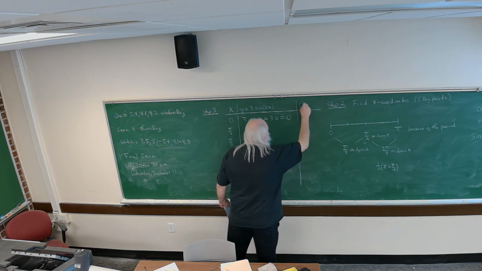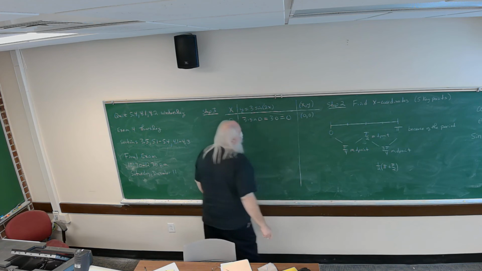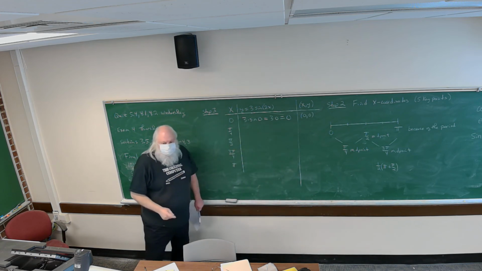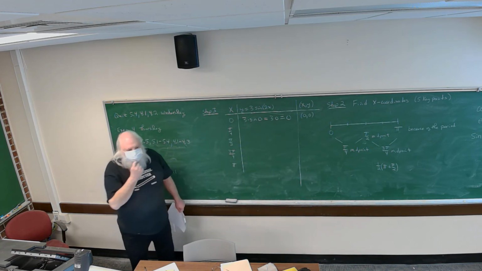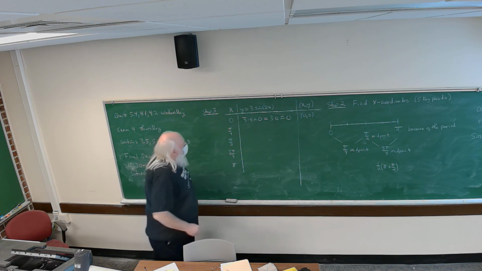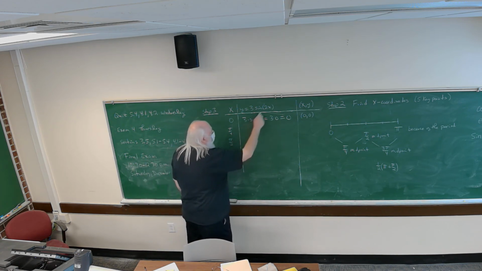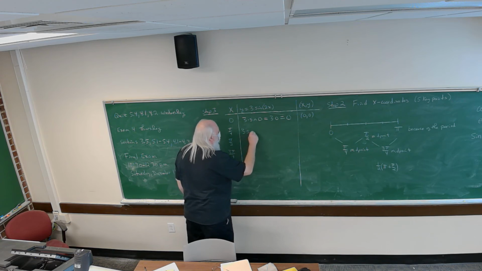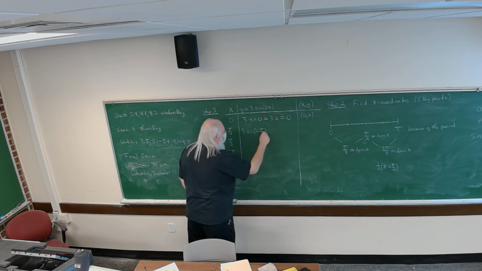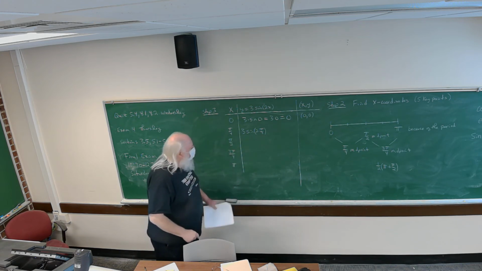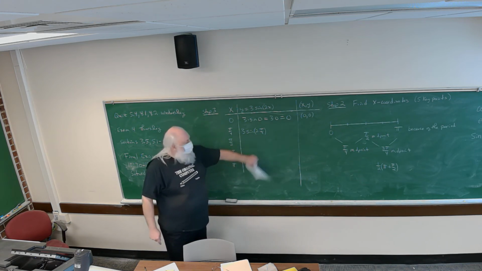So this first ordered pair is at the origin. The first key point is at the origin. Then when we put in pi over 4 for x, we have 3 times the sine of 2 times pi over 4. Well, 2 times pi over 4 is pi over 2.